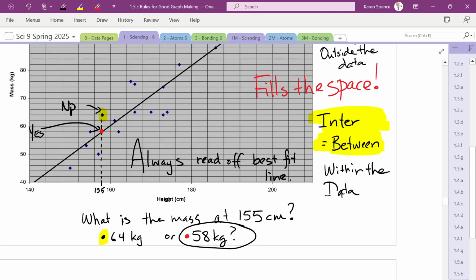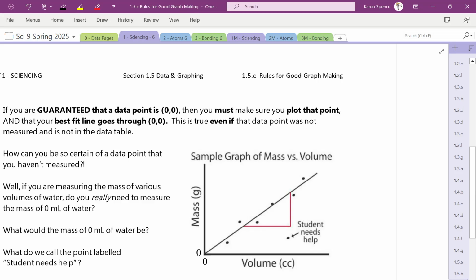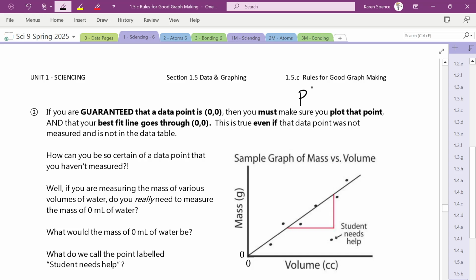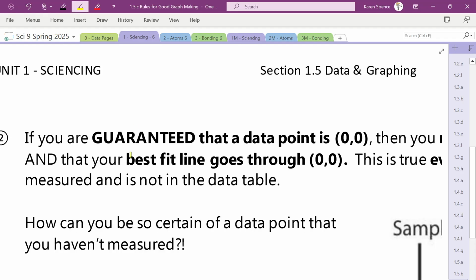So one other thing, yes. One other thing, if you have a data point, this is on page 110. If you have a data point that is guaranteed to be 0, 0. So let's say that we had 0 milliliters of water.